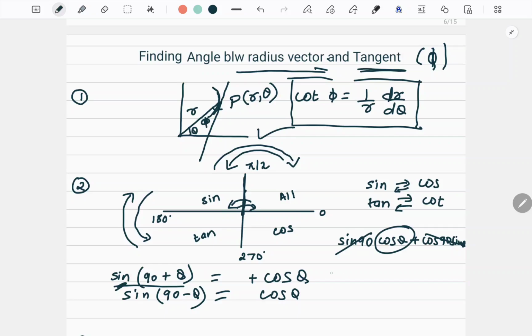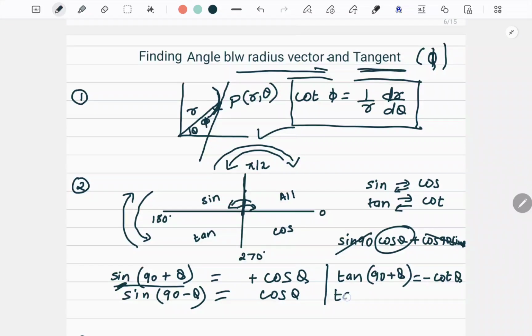Correct? Now when I do tan of 90 plus theta, what is happening? I am crossing the vertical line 90, so tan will become cot. And I am going to sine's house, someone else's house, so minus sign. So tan of 90 plus theta is minus cot theta.